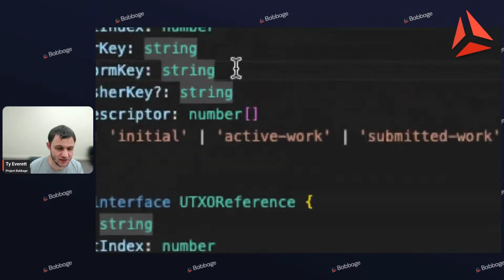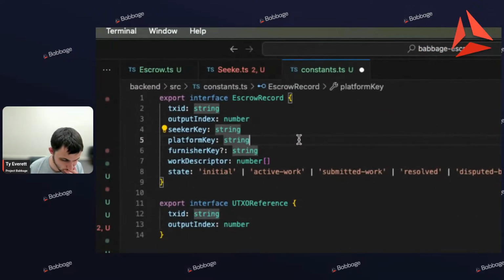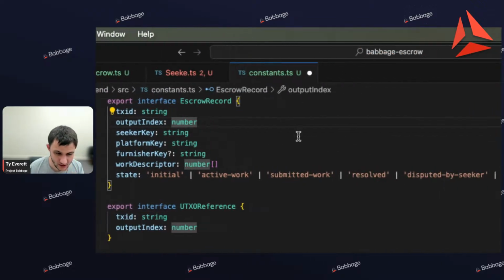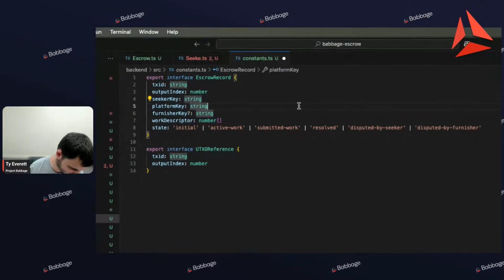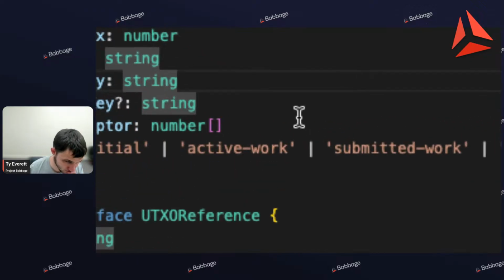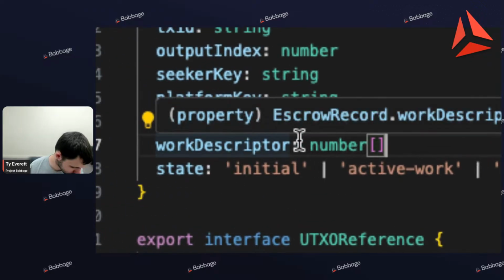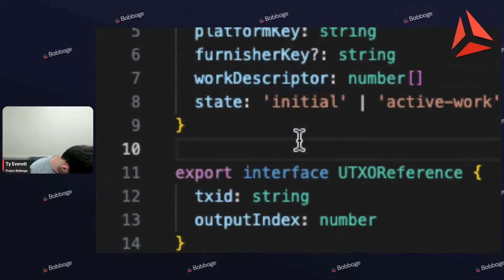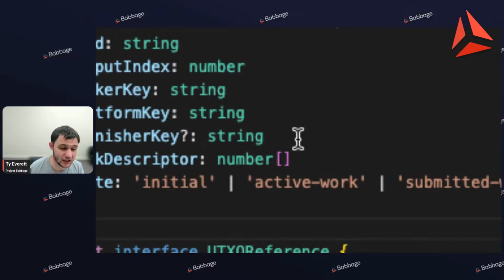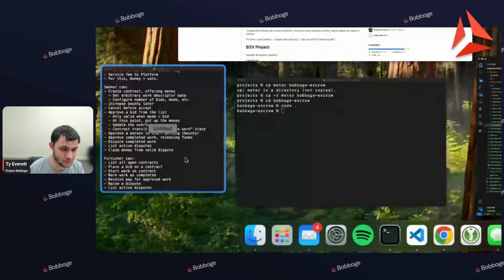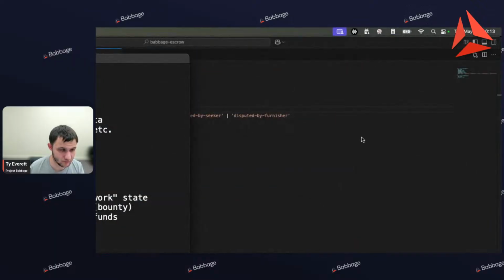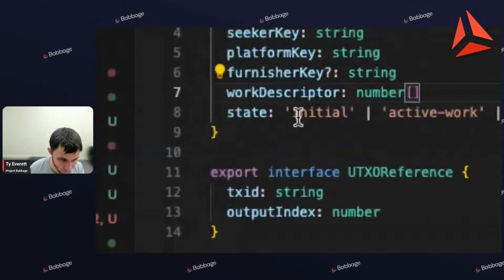So just thinking, if this is going to be our type, I don't see why it shouldn't be our type that we actually use in our implementation. Bounty amount, of course.